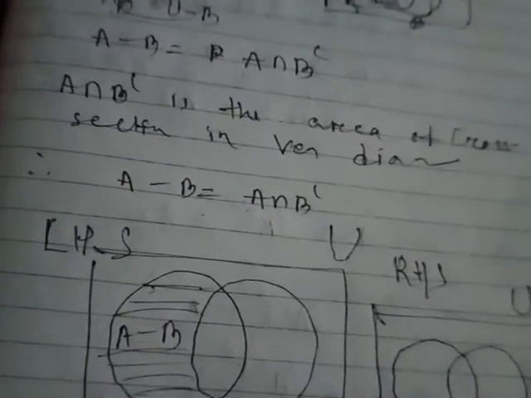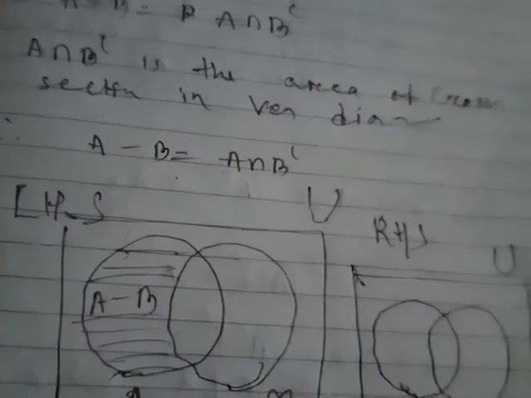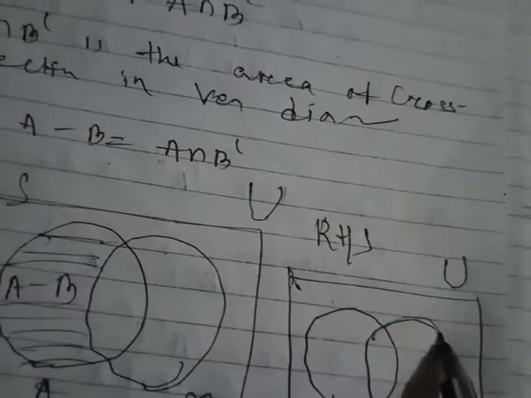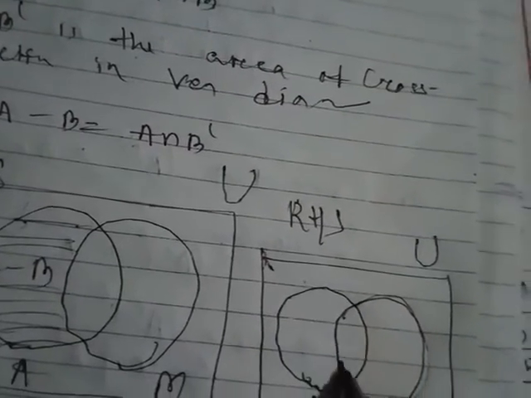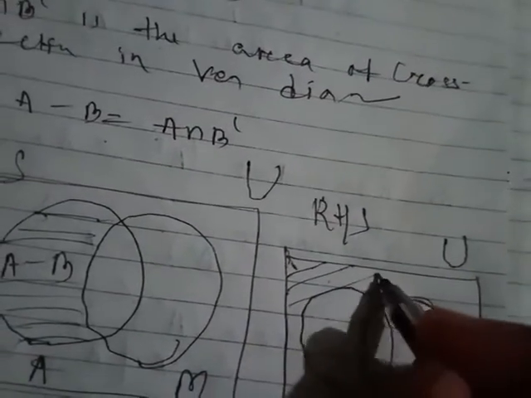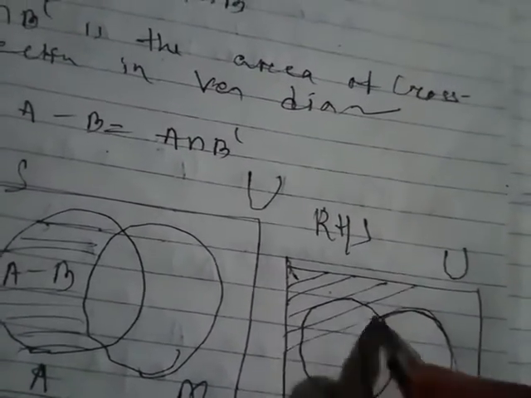And first of all, we have to prove that A intersection B complement. First you see what is B complement. B complement means those elements that do not belong to B. It means you see the Venn diagram, B area.